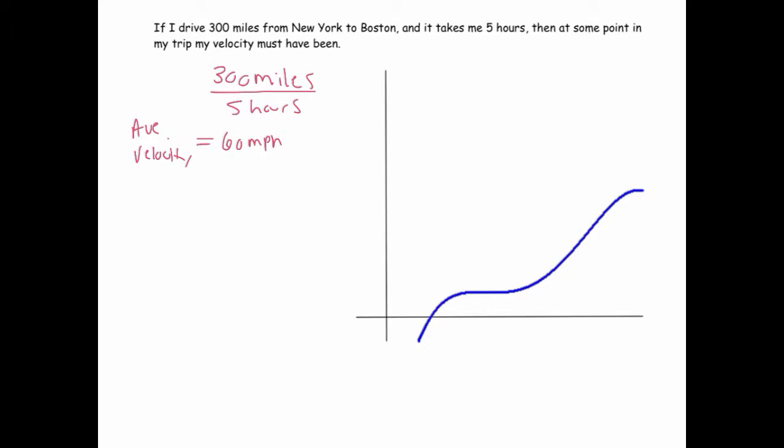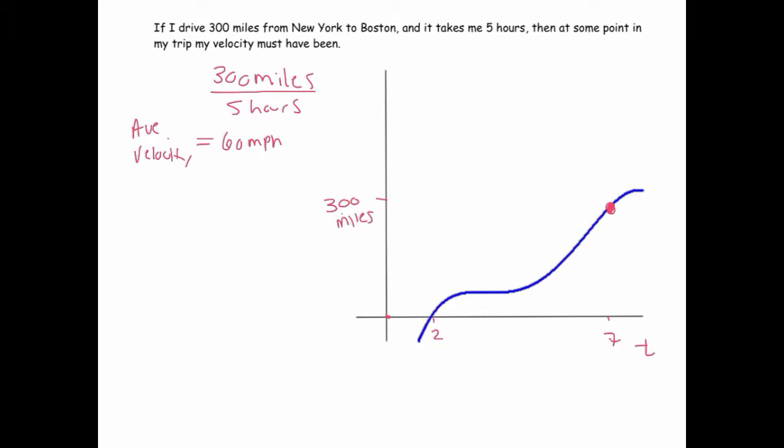It doesn't tell you about the details of your trip, but it just tells you that on average, that was your velocity. If you draw a picture here, let's say it was 2 o'clock right here, and you're at home. So this is time, 2 o'clock, and you haven't gone anywhere yet. And then at 7 o'clock, 5 hours later, here you are, 300 miles from home.